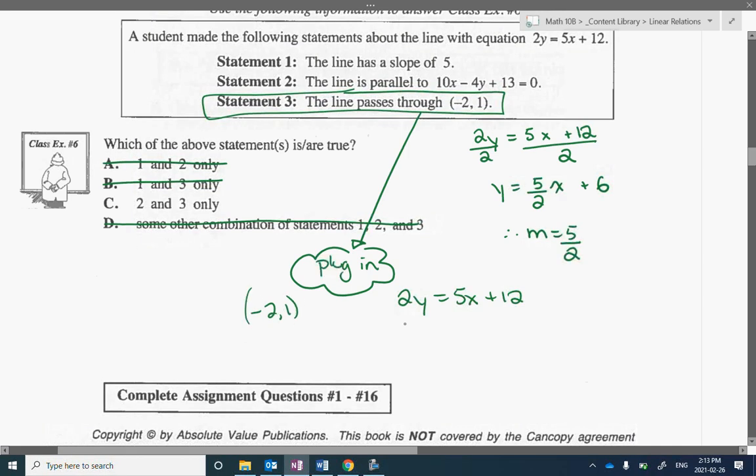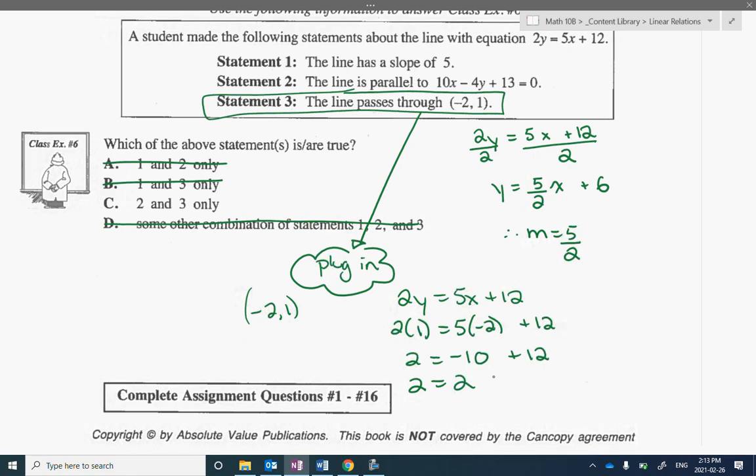So I'm going to replace y with 1 and x with -2. 2 times 1 is 2, so I get -10 plus 12, which means 2 equals 2. At the very end, that's a true statement. If that coordinate didn't work in the equation, so if at the end we got 2 equals 3, that means that point doesn't pass through the line.